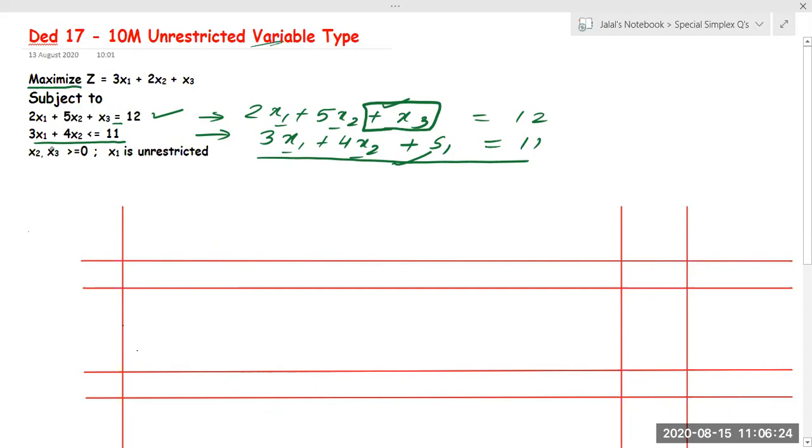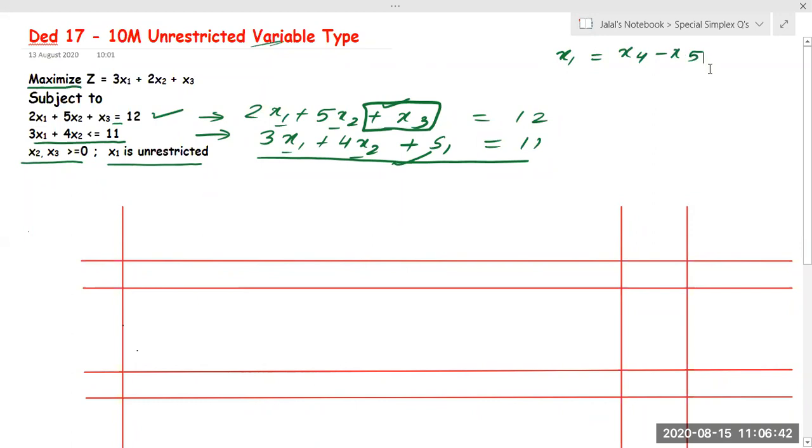Okay. Now one more thing is, x2 is greater than 0, x3 is greater than 0 is okay, but x1 is unrestricted. So we know that if something is unrestricted, what do we write for that? x1 will be equal to, since x2, x3 are already there, we will write something like x4 minus x5.